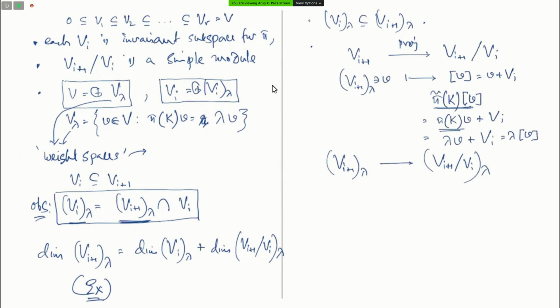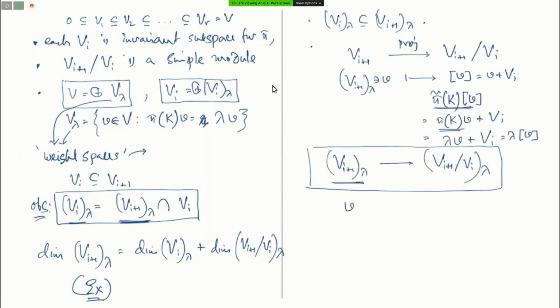What is the kernel of this map? Now you restrict yourself to the restriction of that projection to this part.